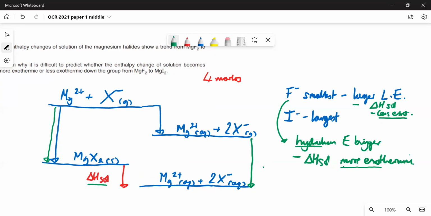Iodide ions will give you a smaller lattice enthalpy, so the iodide may only go down to there. That tends to make your delta H sol more exothermic. But then the iodide ions will only give you less energy out, maybe only go down to there, which tends to make delta H sol less exothermic.